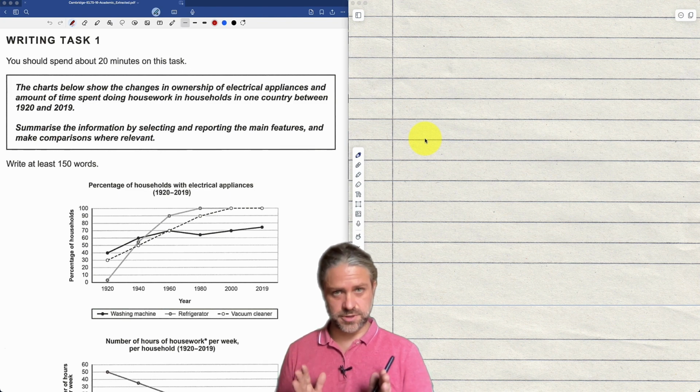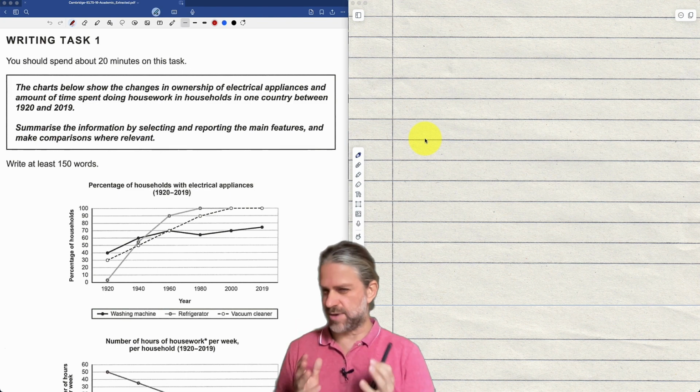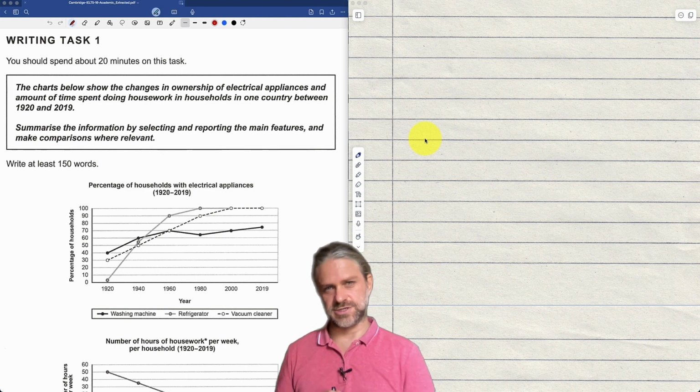There are also possibilities of writing about a process, the manufacture of something, and occasionally you will get a map as well. You might get a map where you have to describe the changes between map A and map B, for example. But I would say about 80% of the time you have to describe a graph.